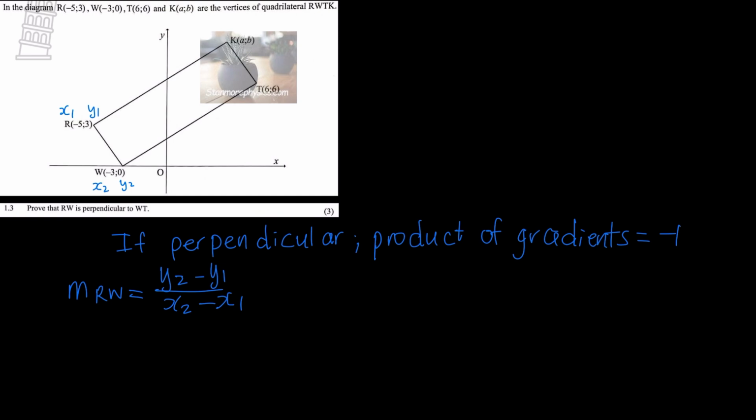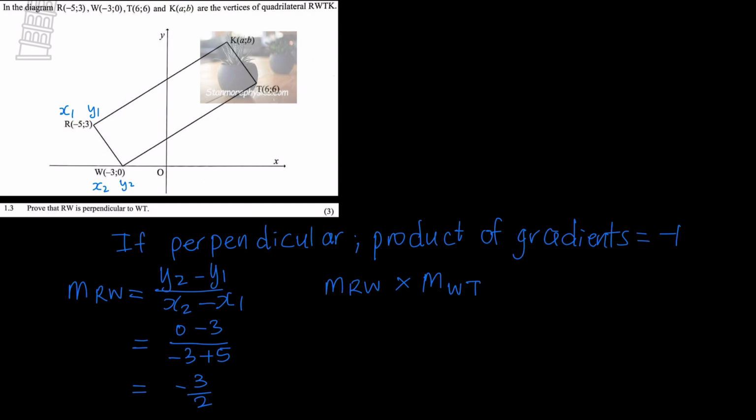Label our points. I've labeled x1, y1, x2, y2. Next we substitute. 0 minus 3 divided by minus 3 minus 5. Minus 5 makes it a plus 5. Next we solve. The gradient for RW is minus 3 over 2. Now we'll take the product of gradients.